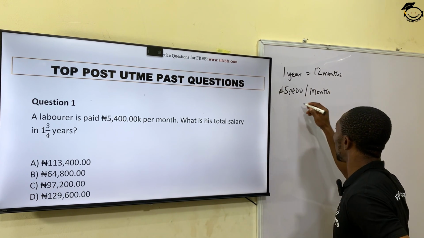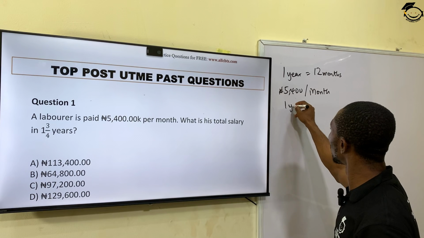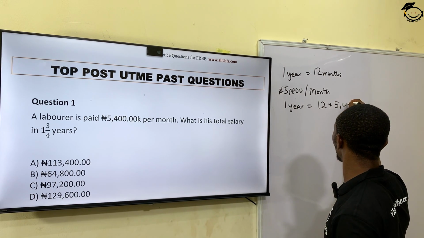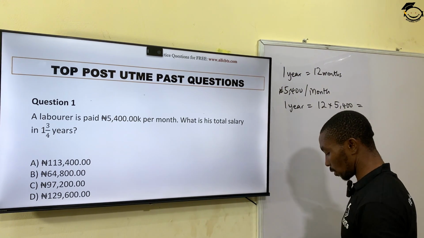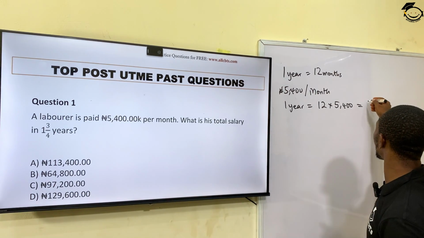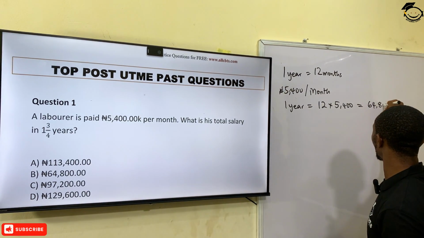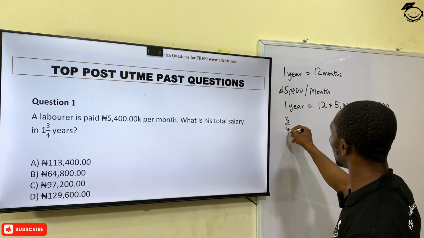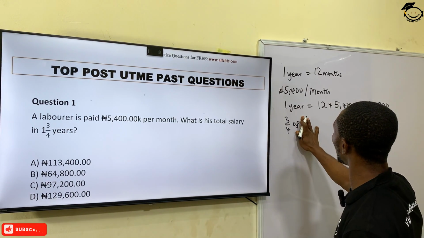That means in a year, his salary would be 12 times 5,400, which would give us 64,800. Now, the next part, we are looking at 3/4 of a year, 3/4 of 12.